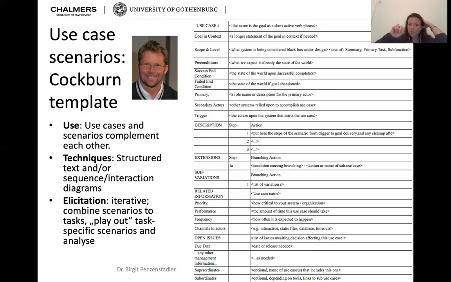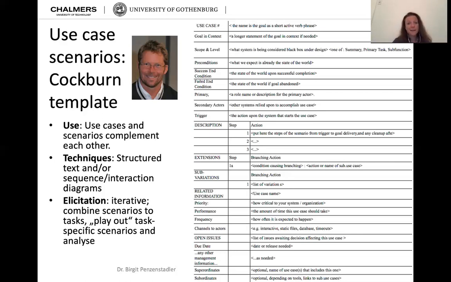So subvariations would be for the use case, purchase a lottery ticket. If I want the Golden Globe ticket, and then I have to go through a number of steps, or if I want the Red Rooster ticket or whatnot, then I may have to go a different route because both of them have different steps for the lottery tickets.